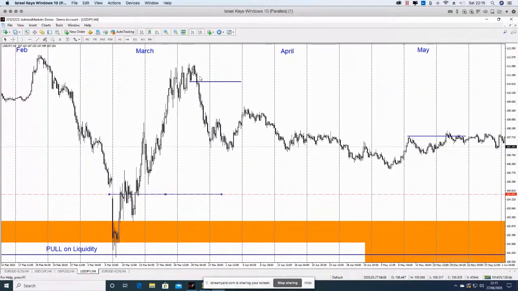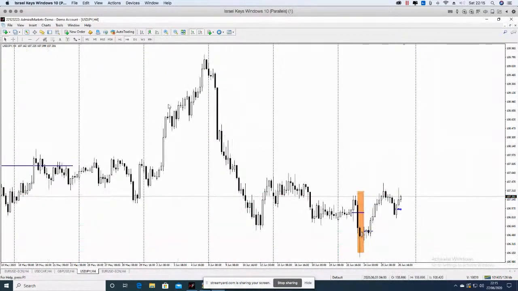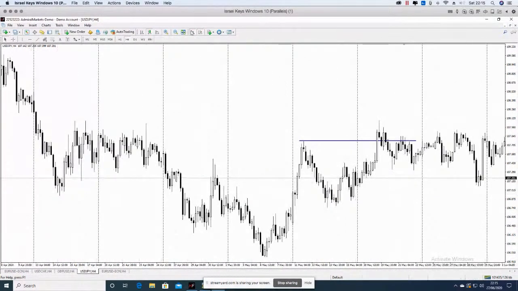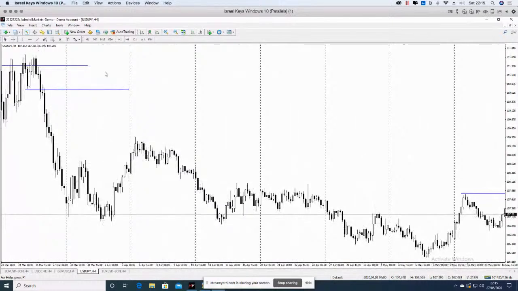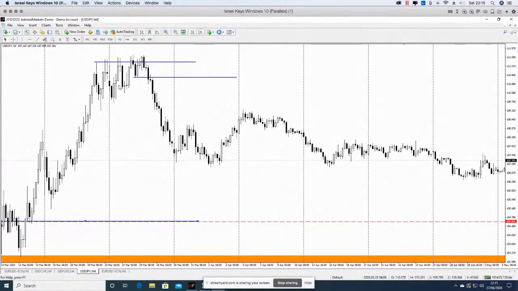I'm glad you asked. So here we have a stop hunt. Now, notice it takes almost an entire week, from the end of one week to the middle of the next, for this move to really get going.